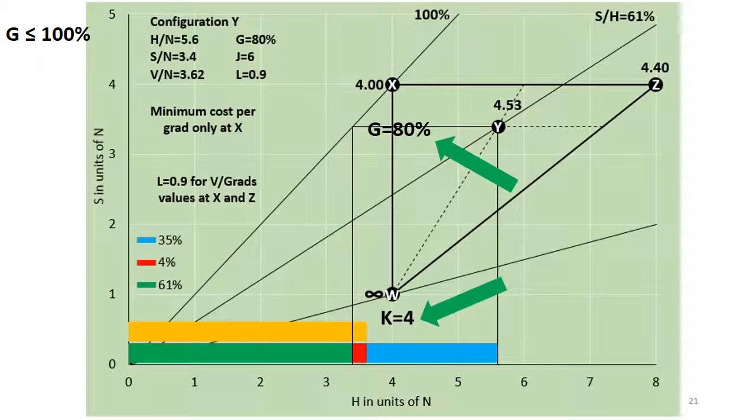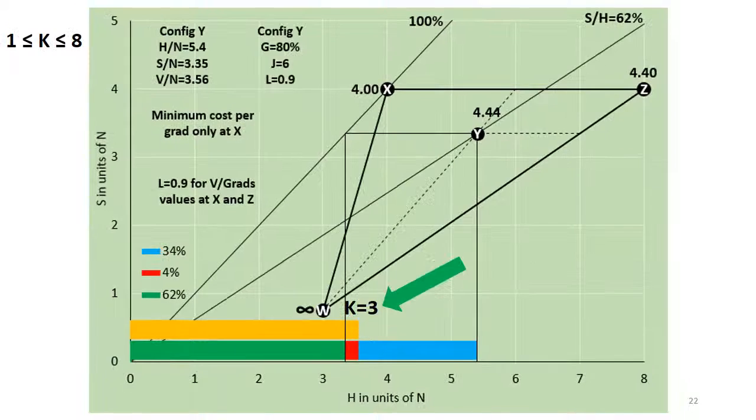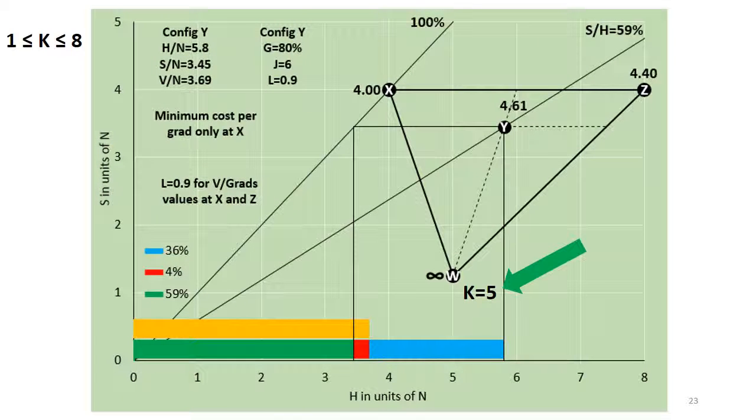The next few diagrams analyze the effect of changes in the values of K. By decreasing the value of K to 3, the flow diagram is skewed to the left. By increasing the value of K to 5, the flow diagram is skewed to the right.